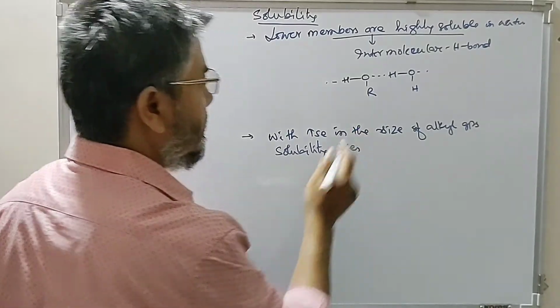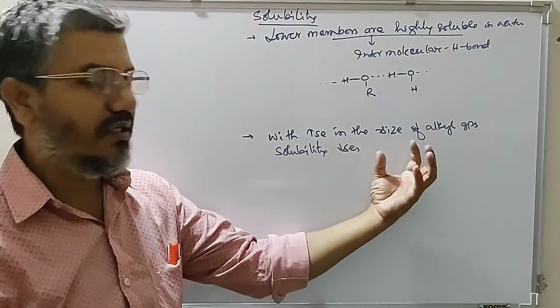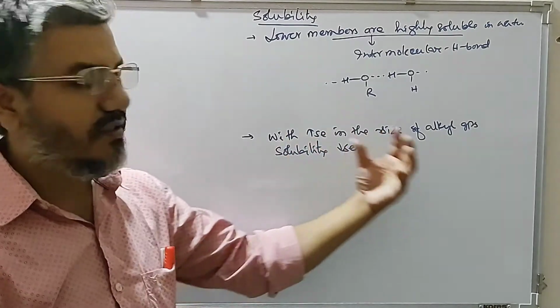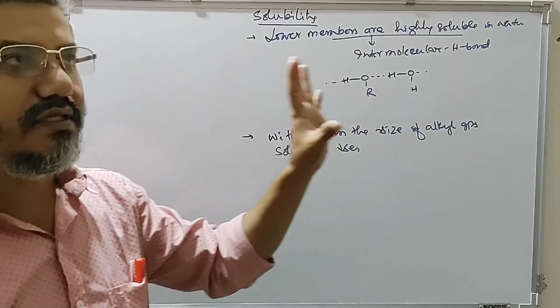So this is a general trend. With increase in the size of the alkyl group, the hydrocarbon part, which is the hydrophobic part, increases, so solubility decreases.